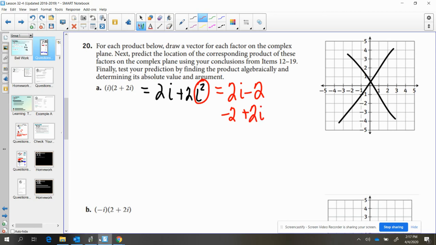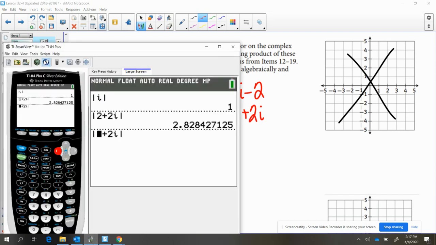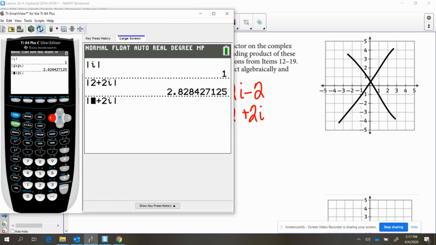So that's the last thing I want to find the absolute value of, negative 2 plus 2i, and you'll see it's 2.8 again. Okay, so keep that in mind. When we're talking about absolute values, we had 1, 2.8, and then 2.8.